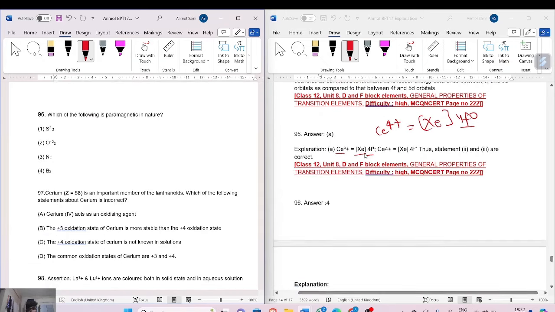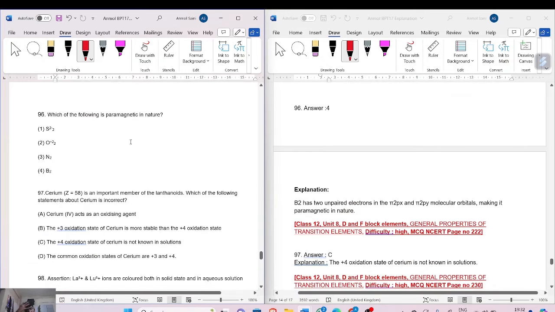So now let's come to question number 96. This concept is generally we study in covalent bonds. First we have to tell which of the following is paramagnetic. Paramagnetic means which of the following has unpaired electron. So we will check from here.